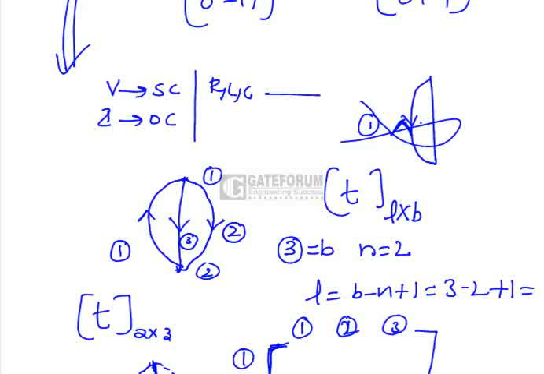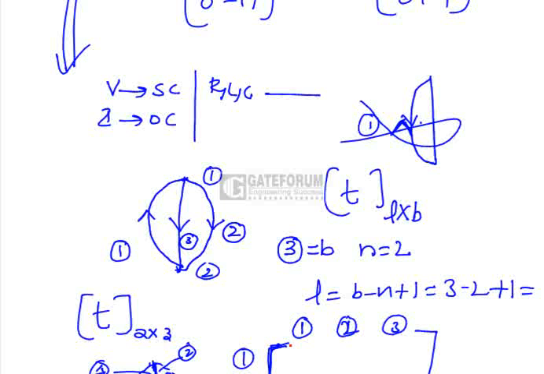We have to consider it in terms of loop direction always. Similarly here, the direction of loop current is like this. Now this is loop 1 and this one is loop 2. Now mark the values of this loop matrix.